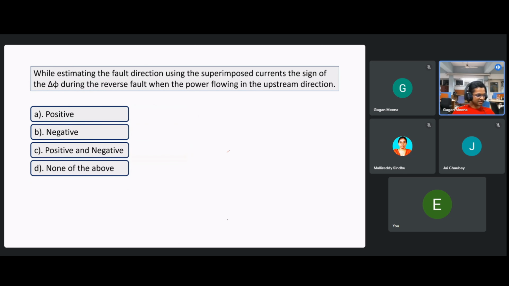So the next question is, while estimating the fault direction using the superimposed currents, what is the sign of delta phi during a reverse fault when the power is flowing in the upstream direction? Is it positive, negative, positive and negative, or none of the above?